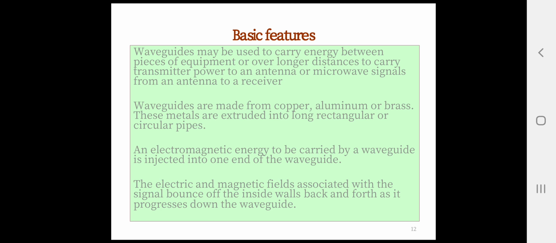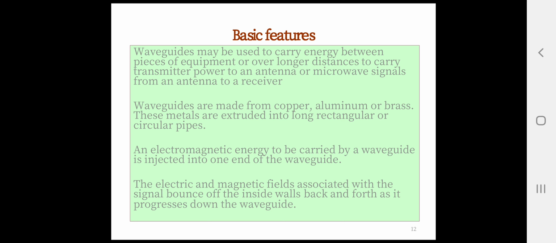In simple terms, a waveguide may be used to carry energy between pieces of equipment or over a longer distance, to carry transmitter power to an antenna or a microwave signal from an antenna to the receiver. Waveguides are made from different materials such as copper, aluminium, and brass. These metals are extruded into long rectangular or circular pipes, and the electromagnetic energy to be carried is injected into one end of the waveguide.